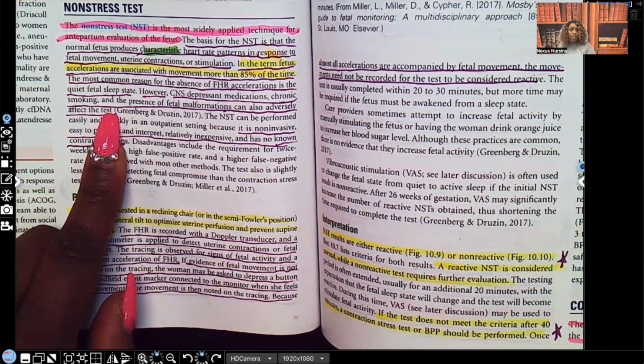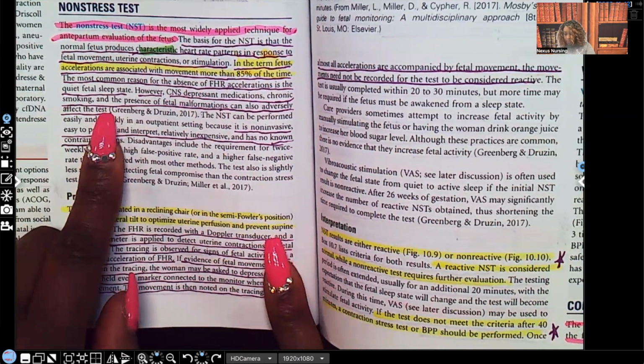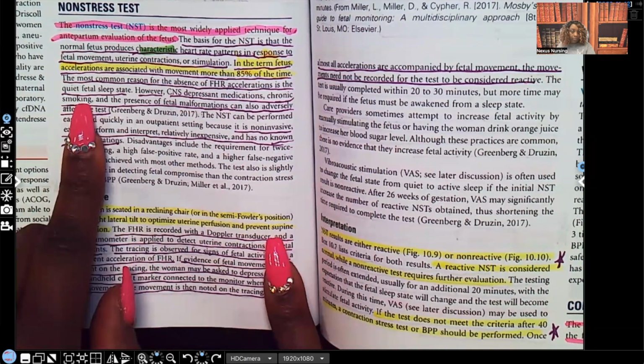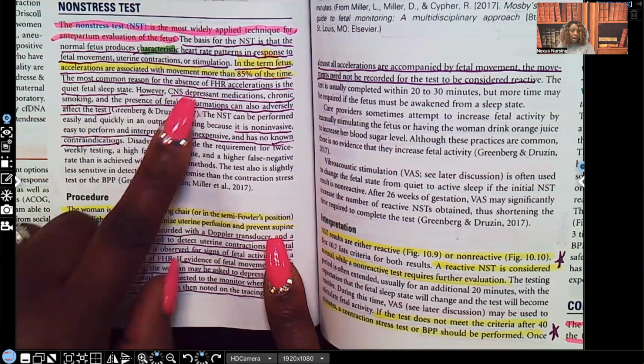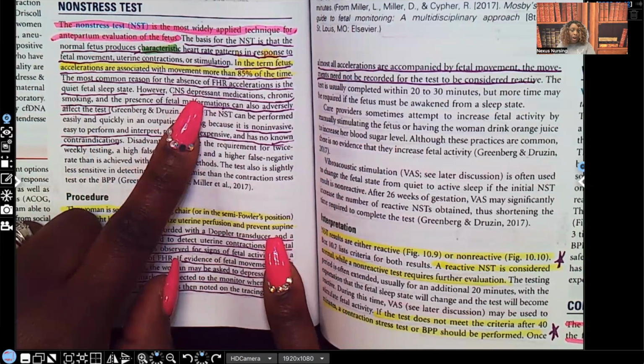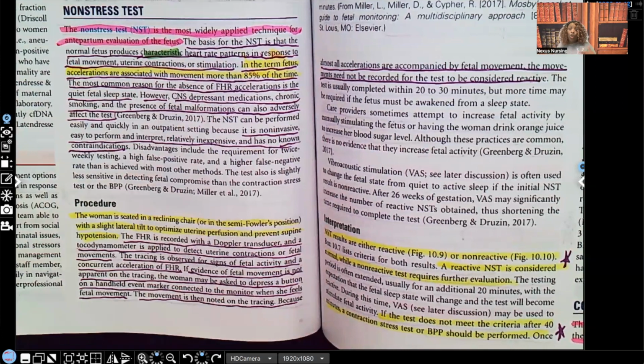But there are things that can cause that fetus not to accelerate as it should. And here's a list that you guys absolutely have to know. Again, smoking, presence of fetal malformations, or if there are depressant drugs in the system, the fetus is not going to react as quickly or as it should.